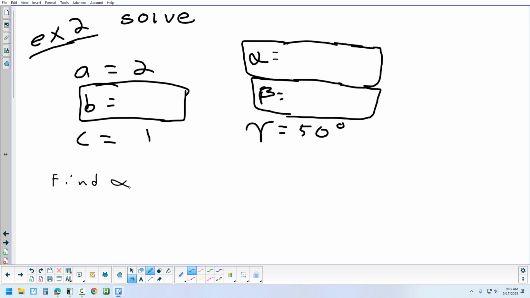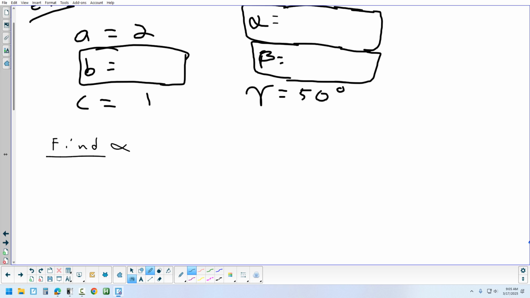Again, if you have a row that is empty and you can't find anything in it, forget about that row. It's not going to help. Okay, so find alpha. Get your proportion ready to set up. And what's going to go on the left?